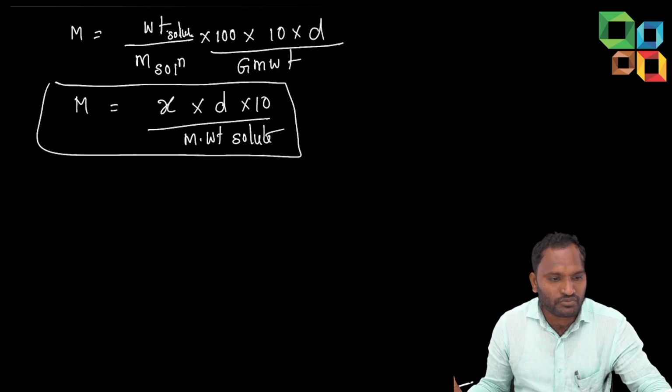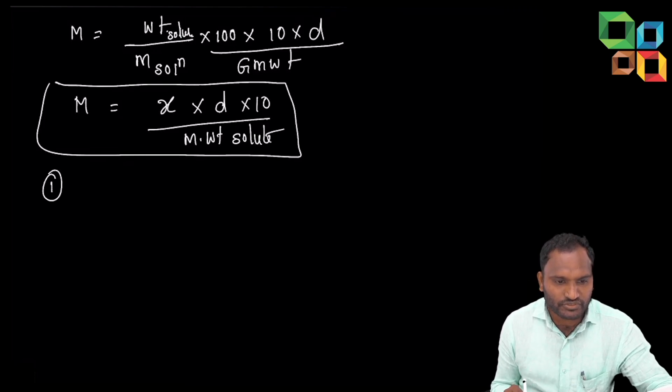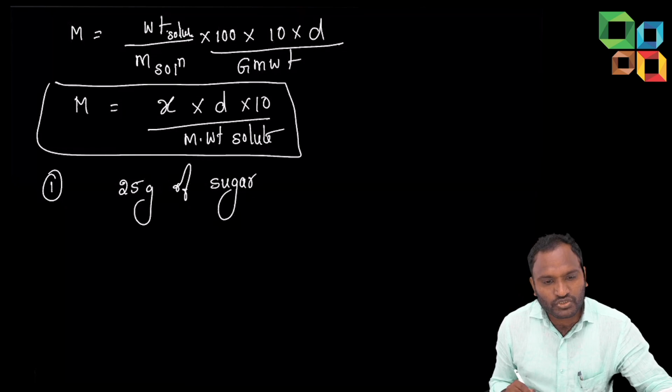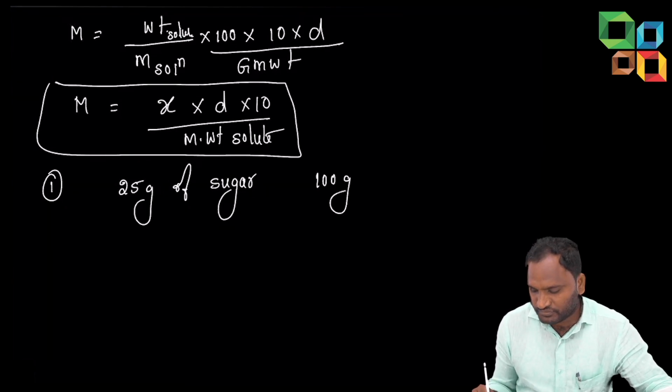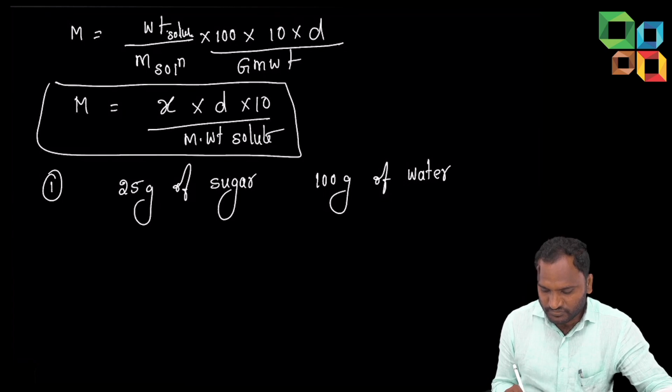This is a practice question: 25 gram of sugar dissolved in 100 gram of water. Calculate the mass percentage.